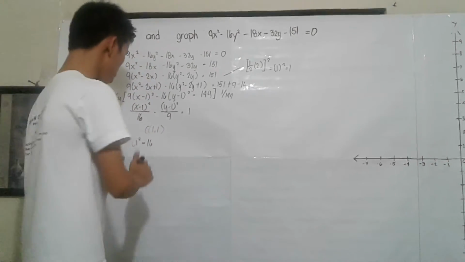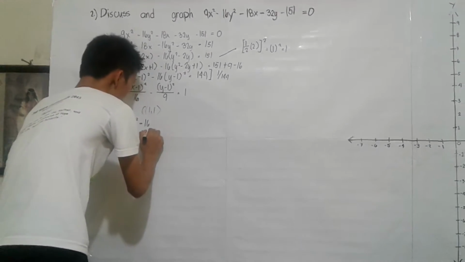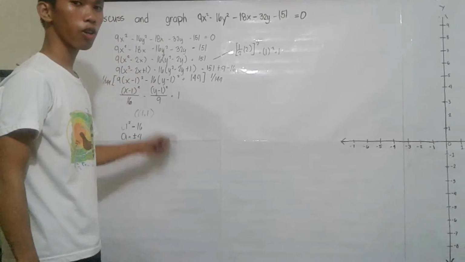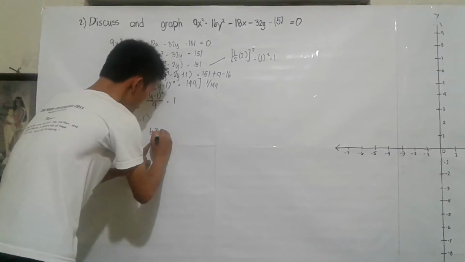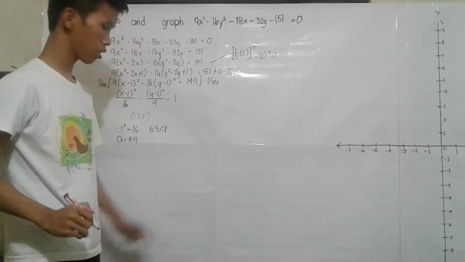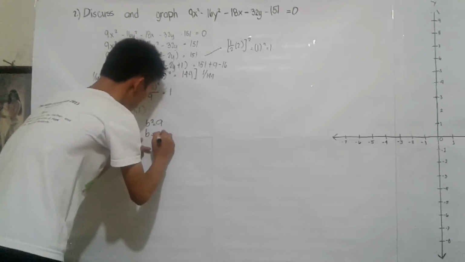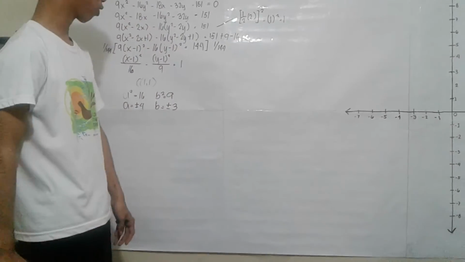The square root of 16 is, a is plus and minus 4. Then next is our b. So the value of our b squared is 9. Then the square root of 9 is positive and negative 3. So this is the value of our b.